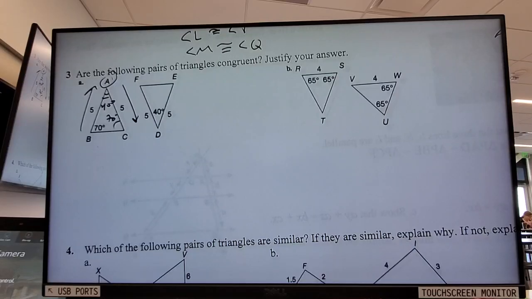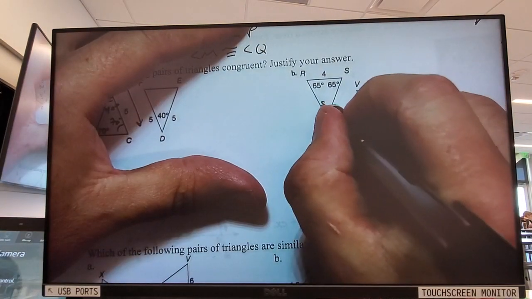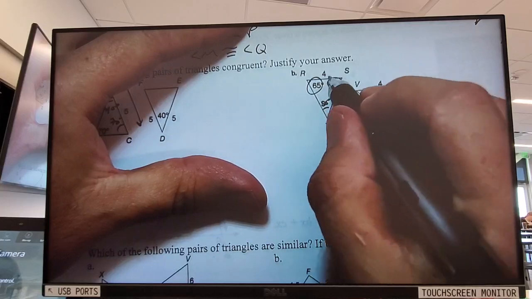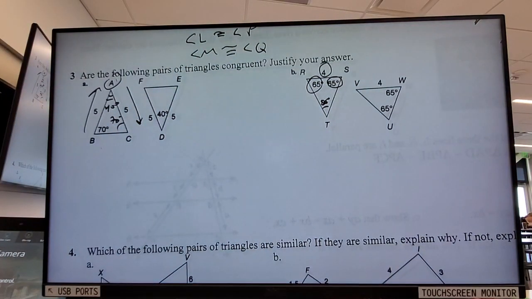Great. How did you get that, Pete? Added 65 to 65, and you saw what was left over. Is everybody with me? So that is 50, which means these mouths here open wider than the one that has a 4 in it. Yes?